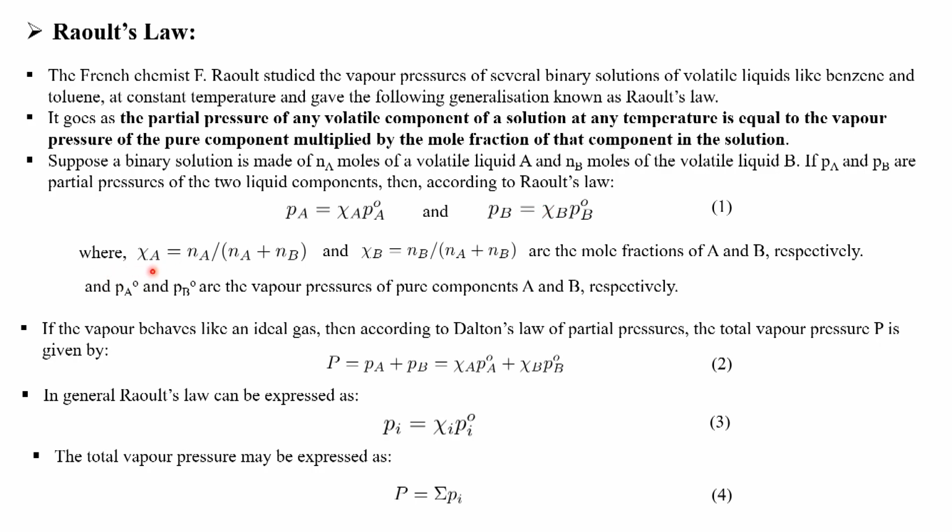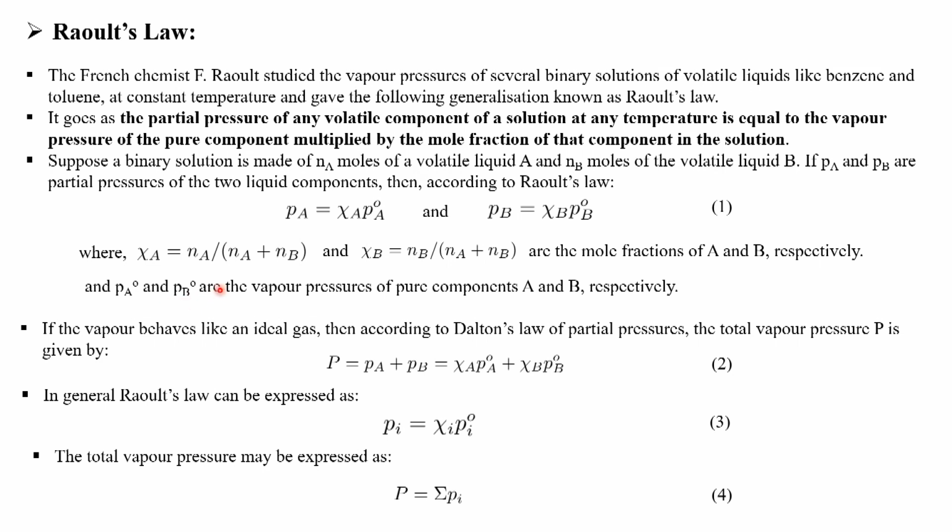So we know this is the expression for mole fraction. Xa is the number of moles of A divided by the total number of moles, Na plus Nb, and the mole fraction of B, Xb, is Nb divided by the number of moles of A plus the number of moles of B.